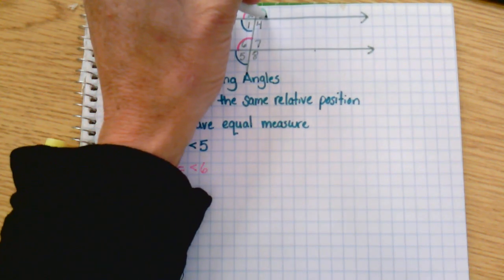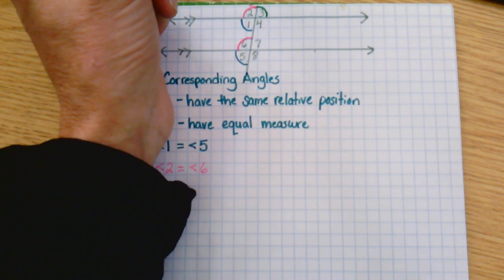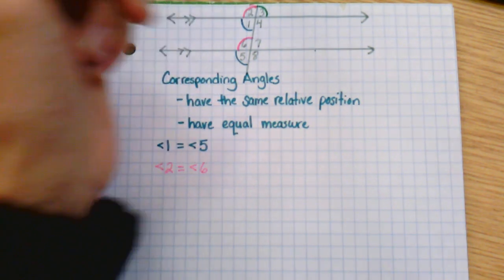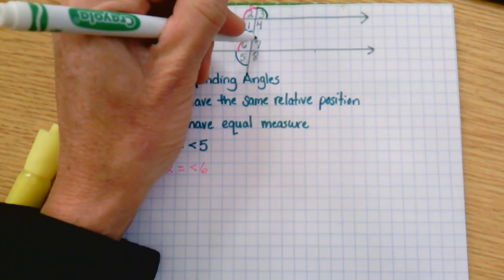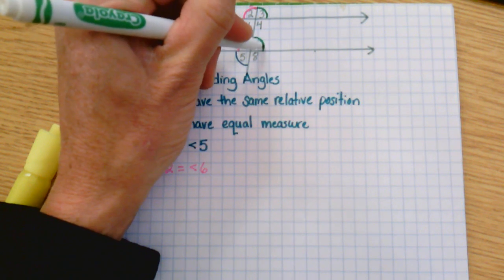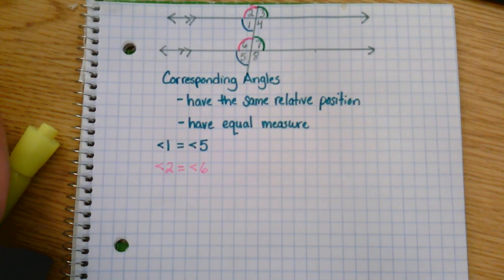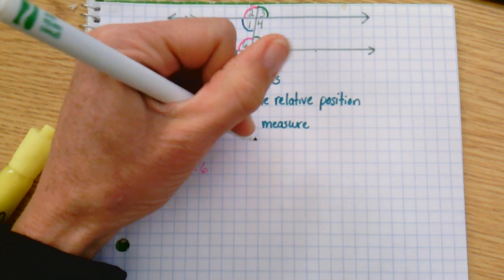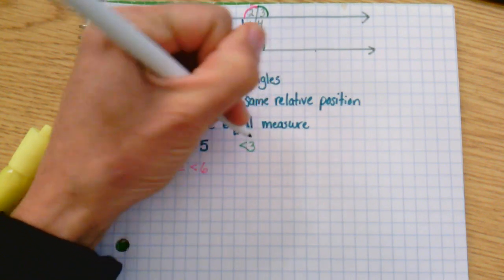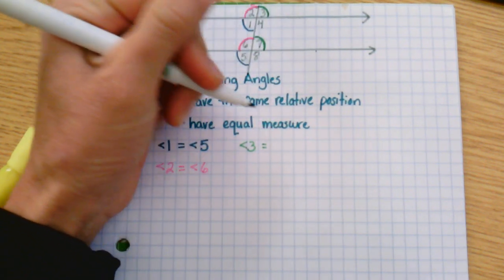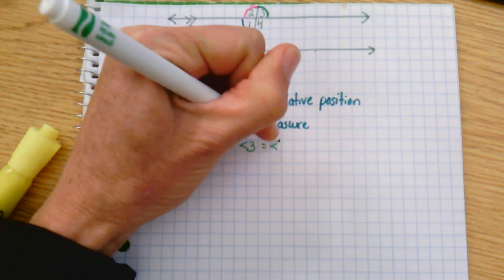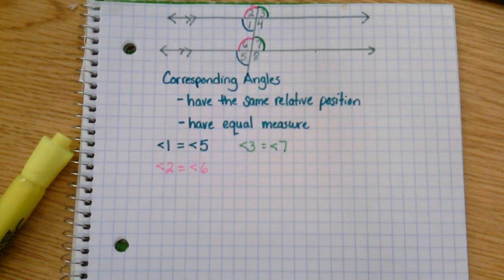Angle 3 is above the parallel line and to the right of the transversal, and so is angle 7 above the parallel line and to the right of the transversal. So angle 3 corresponds to angle 7, and they have equal measure.